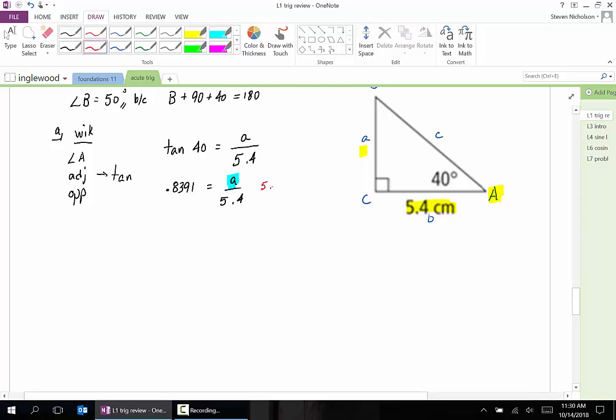So we multiply both sides by 5.4, and we get side a is equal to 4.5 units, and in this case, it's centimeters. So what we want to do is take sides to 1 decimal place, and angles to a nice number.